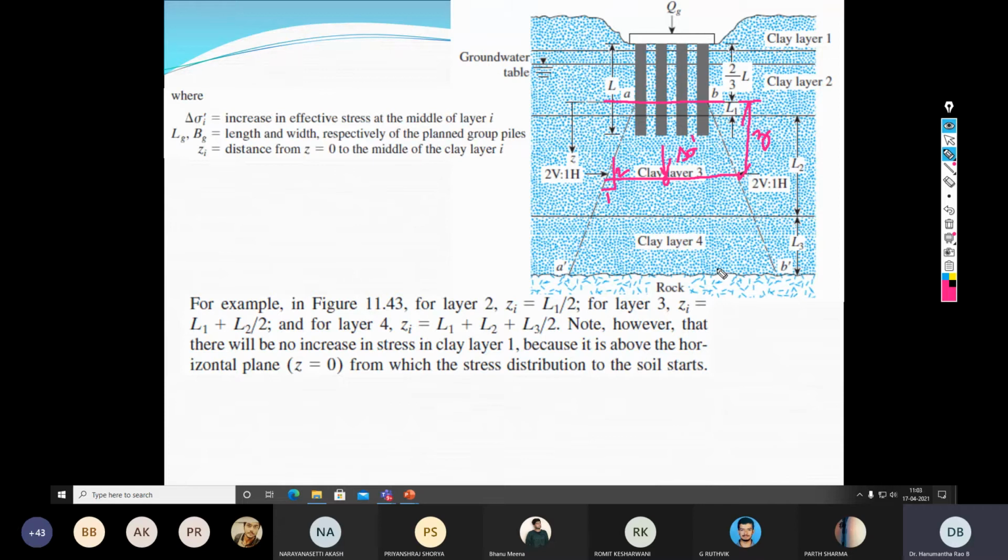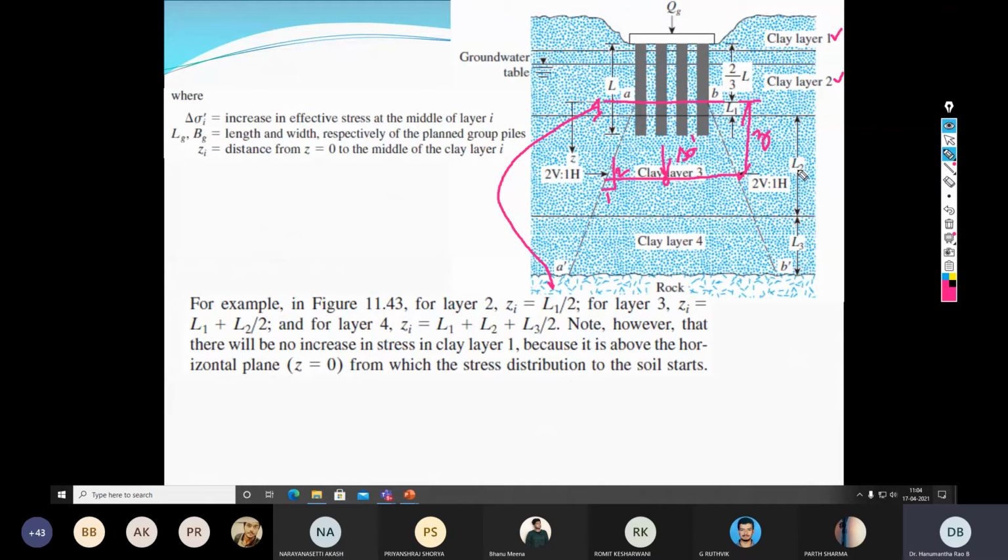Now, just for your understanding, here it is given for layer 2. So this is clay layer 1, clay layer 2. For clay layer 2, Zi is nothing but L1 by 2, where Z starts from the fictitious plane AB, and clay layer 2 exists at a depth of L1, so the middle is at L1 by 2.